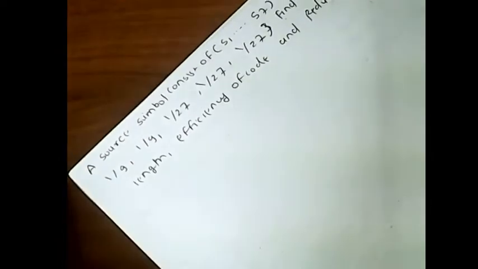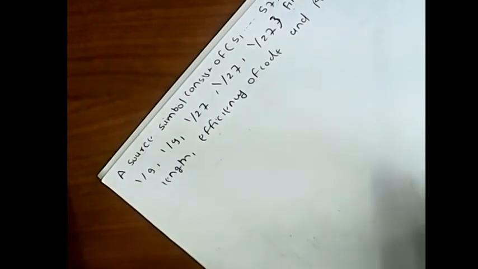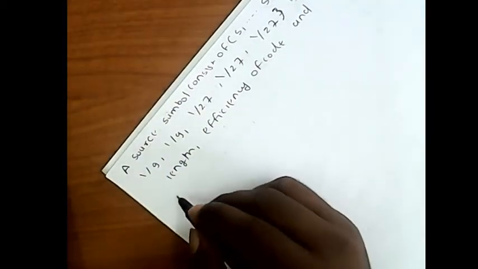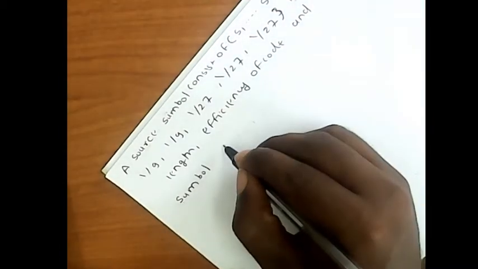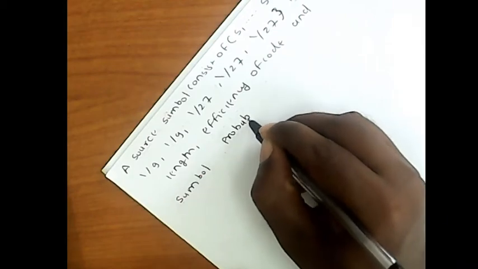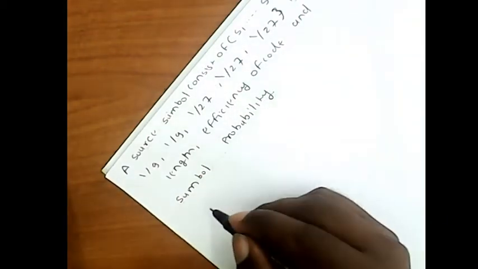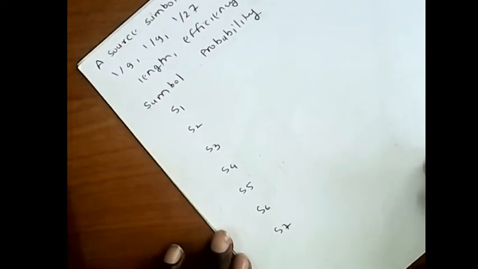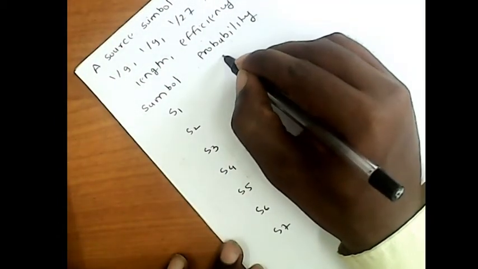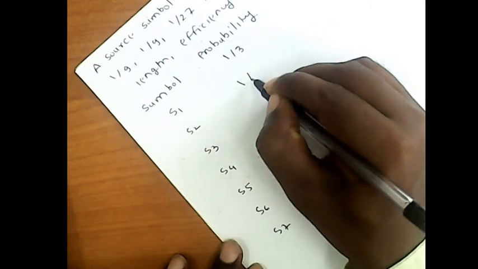So what are the steps to be followed? First, write down the corresponding symbols in decreasing order of probability. So we can write down the symbols S1, S2, S3, S4, S5, S6, S7 with their probabilities. For symbols S1 and S2, the probability is 1/3.